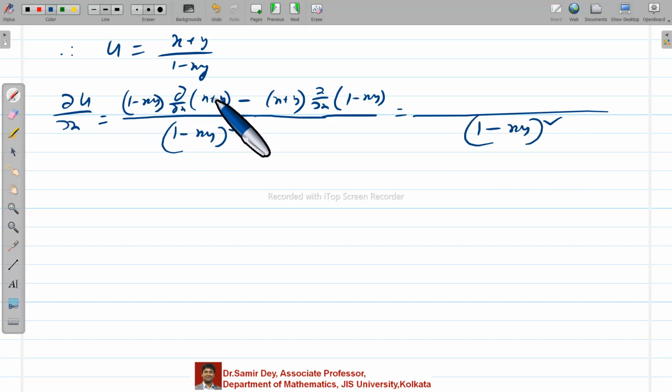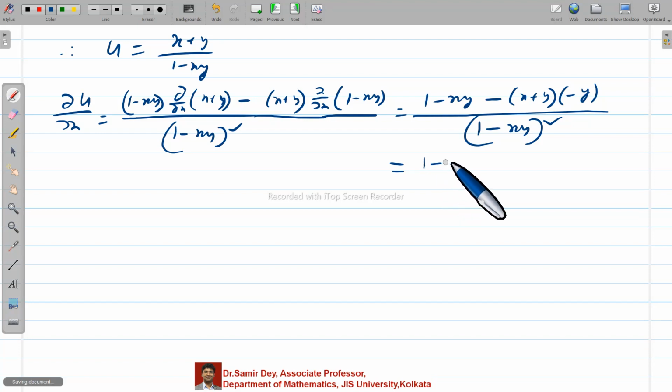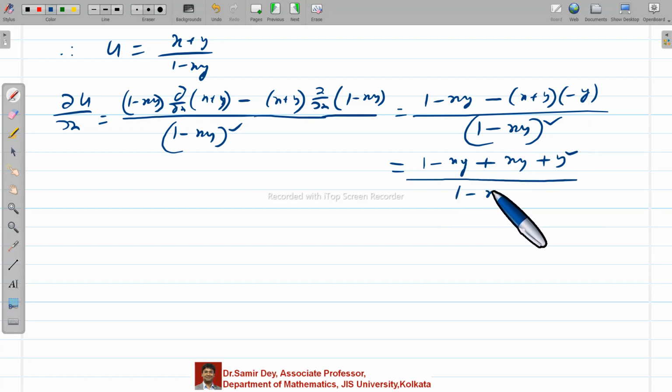So it is coming 1 minus xy minus x plus y into minus y. So ultimately it is coming 1 minus xy plus xy plus y square by 1 minus xy whole square. Ultimately it is coming 1 plus y square by 1 minus xy whole square. Clear? So this is your del u del x.